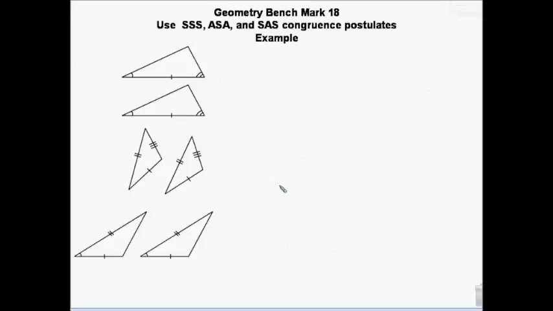When you're identifying congruence, you look at what you have. I have two angles, and I have a side in between them. Angle, side, angle. So that's how those are congruent. Or I have three sides. So if I have three sides, it's side, side, side.